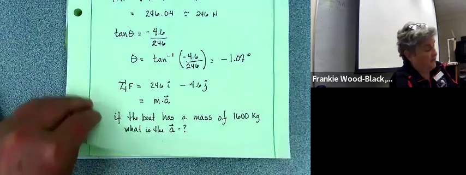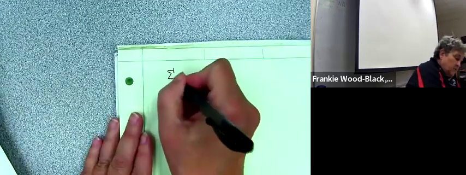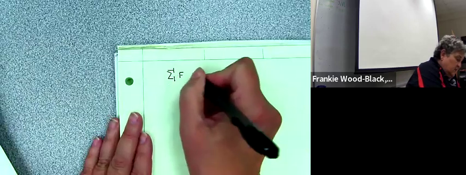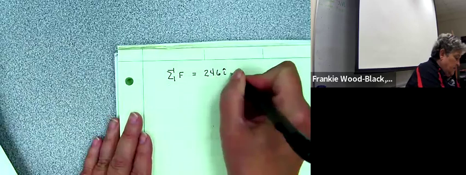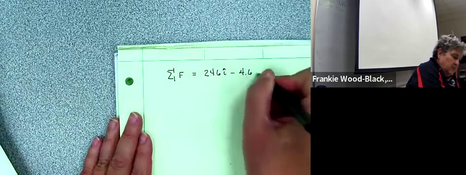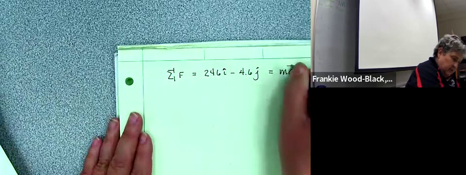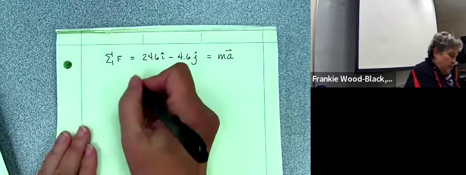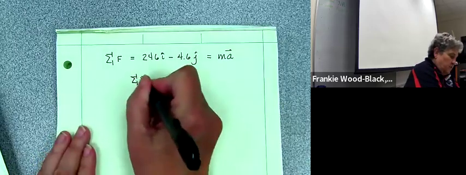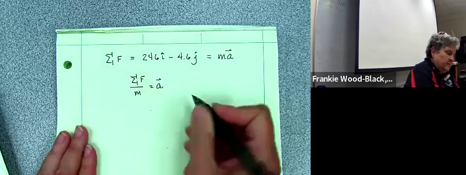Well, that's easy enough. The sum of my forces is equal to 246I minus 4.6J, which is equal to mass times acceleration. Or if I do this, the sum of my forces divided by mass is equal to the acceleration.